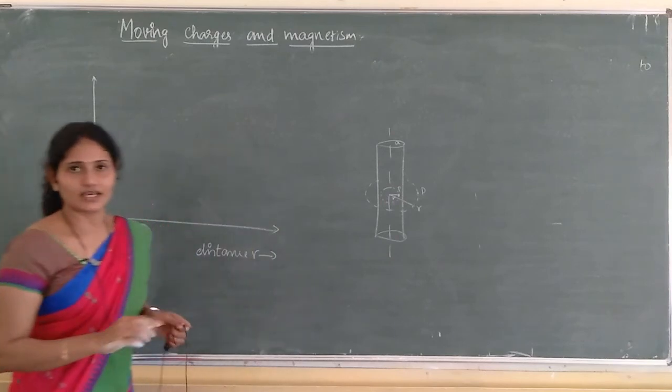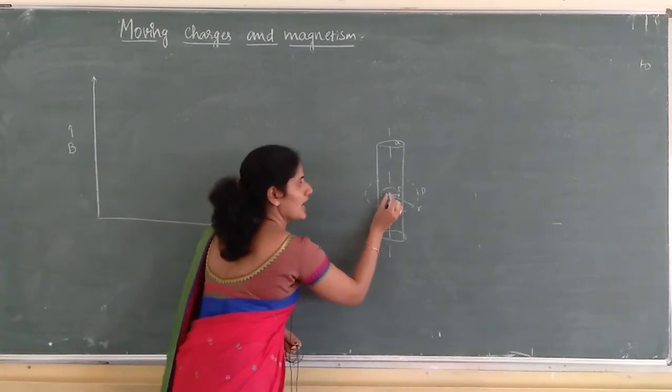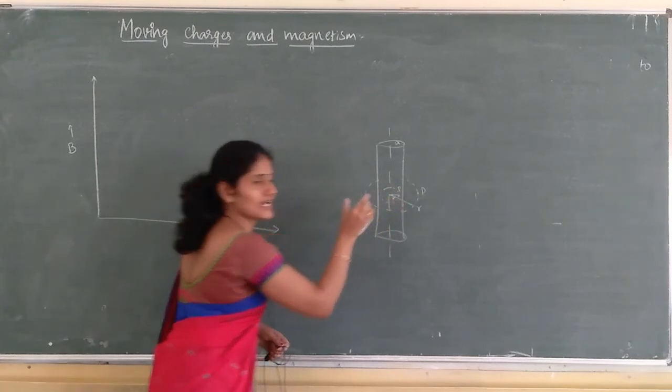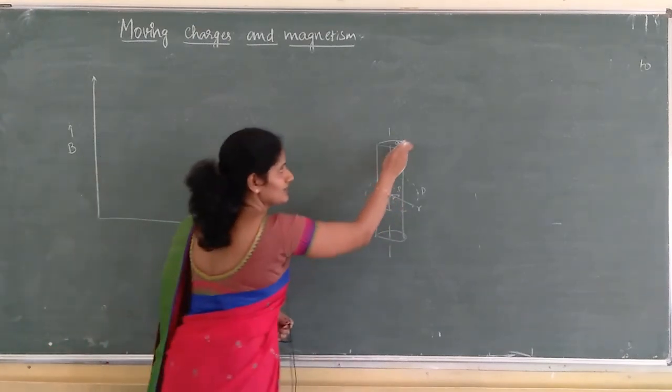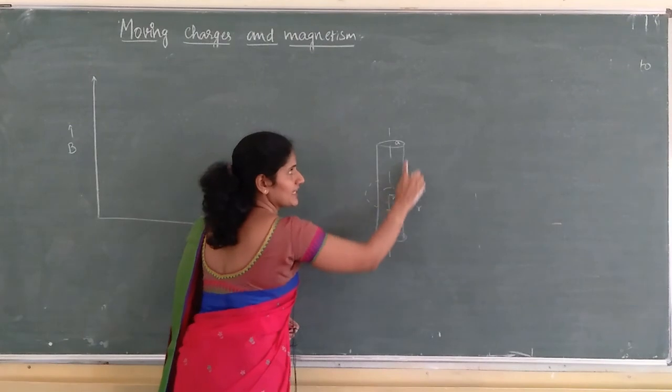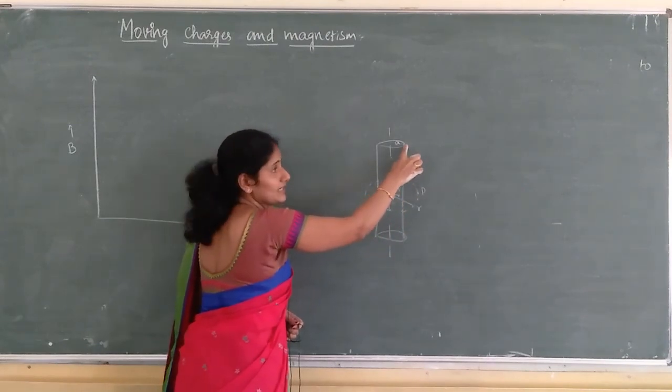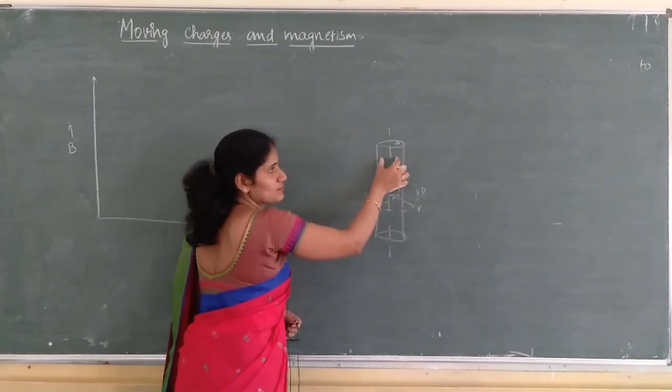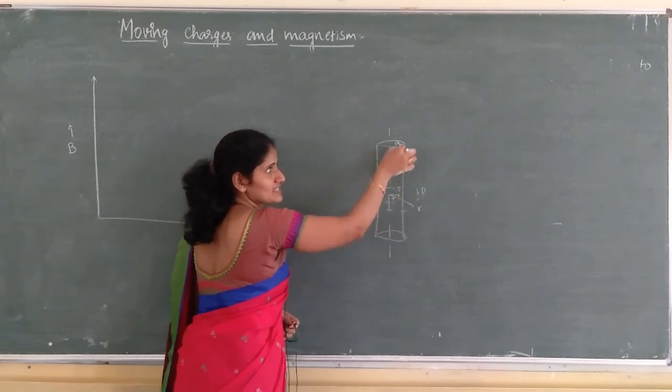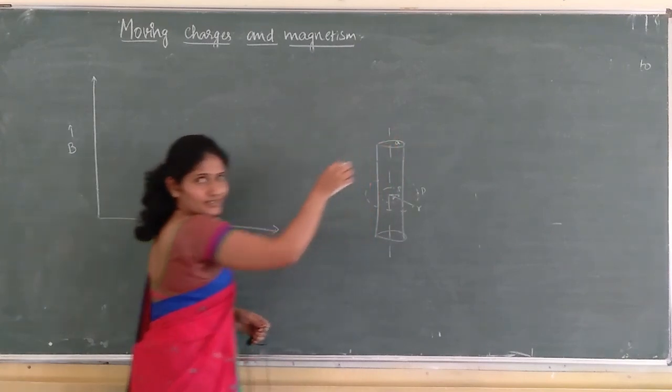Inside the conductor, as r increases, the magnetic field B also increases till it reaches the point a, the radius of the wire.